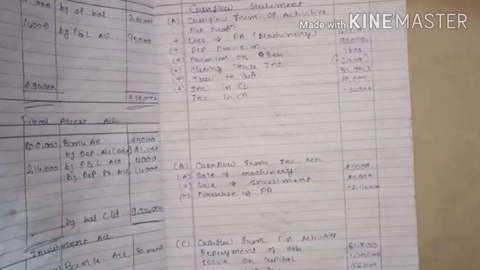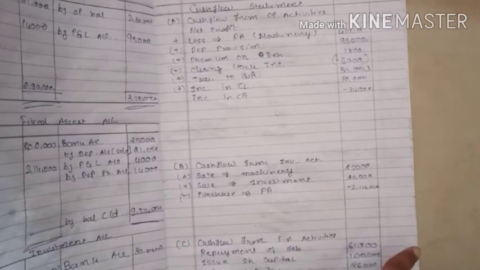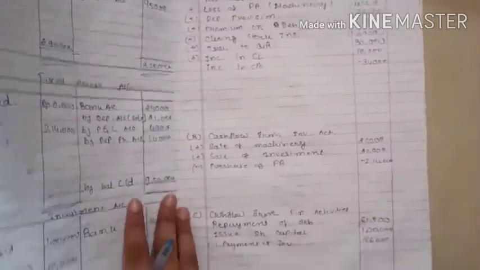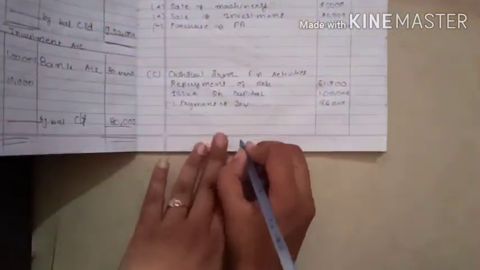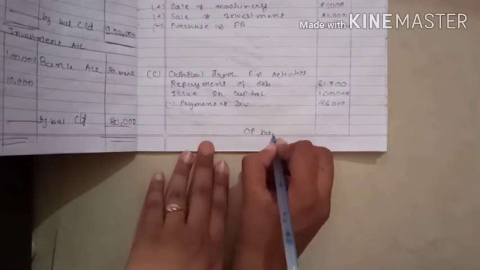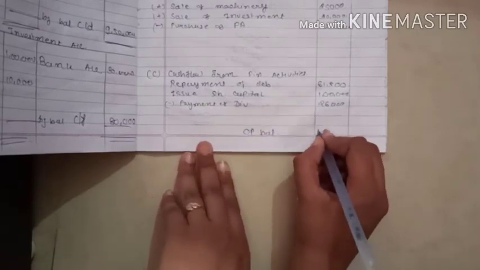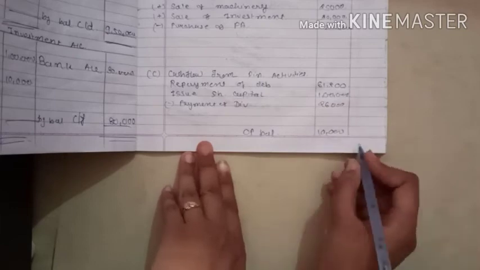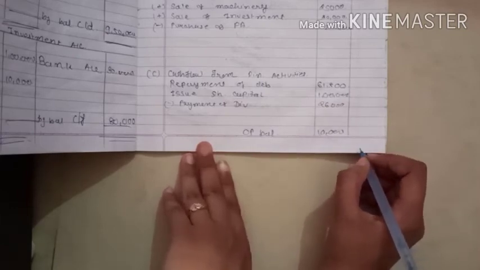Last, cash opening balance 10,000 and closing balance is 20,000. So we will write over here opening balance 10,000 and closing balance, our answer should be 20,000.